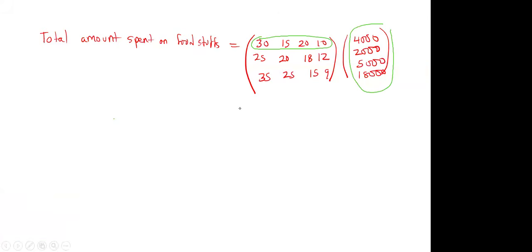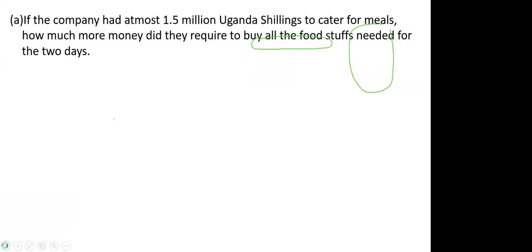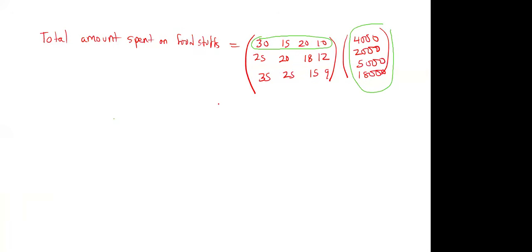So when I'm multiplying, I'm going to come here and say, don't forget to put the brackets: 30 times the 4,000 plus 15 times the 2,000 plus 20 times the 5,000 plus 10 times the 18,000. Then I go to the second one.